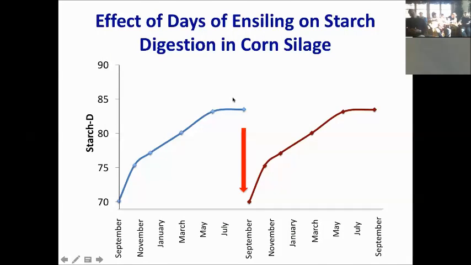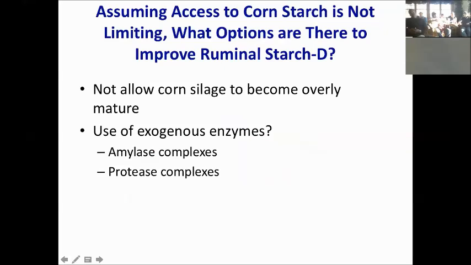So a couple of questions to ask as we move on here: assuming that access to cornstarch is not limiting, so let's assume that you can break the pericarp, let's assume that you can process well enough, you can get your particle size to where you want. What options are there to improve ruminal starch D?